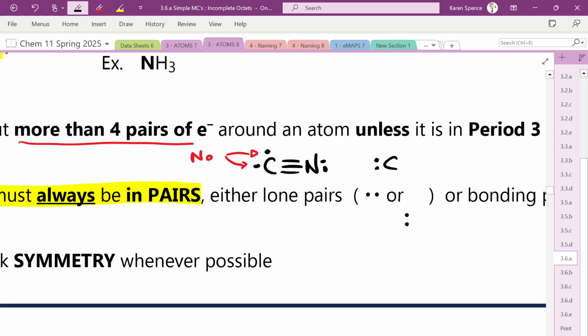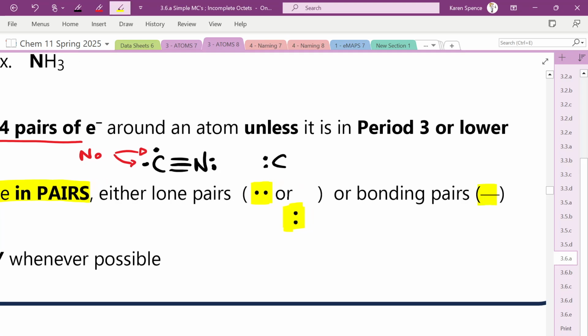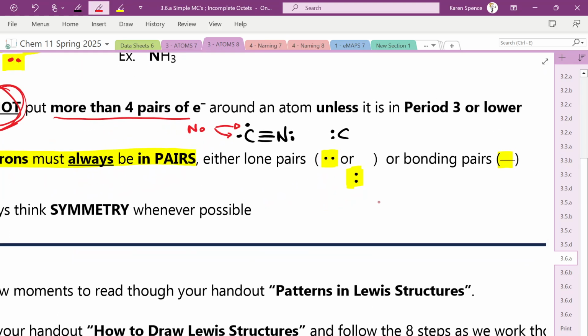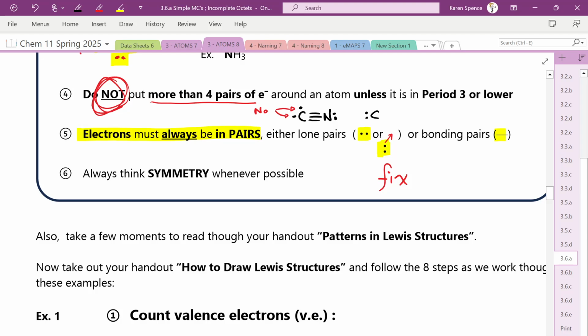So it should always look like that or that. Or you can have a bonding pair. So it's always pair, pair, pair, pair. Never a singleton. Yes? I need to fix this and move it up. There we go. Always think symmetry whenever possible. If you can make something more symmetrical, that's usually more correct than less symmetrical. Okay?